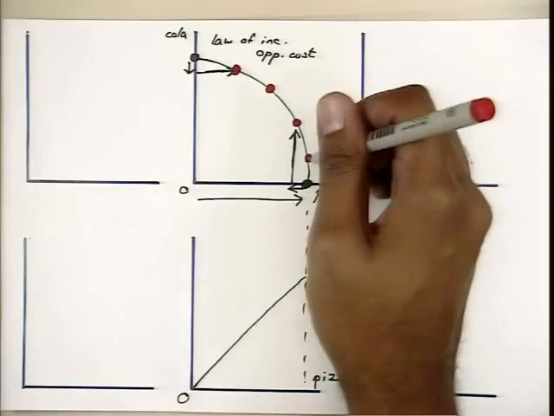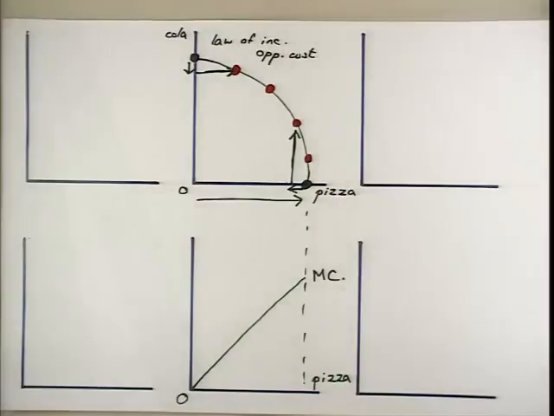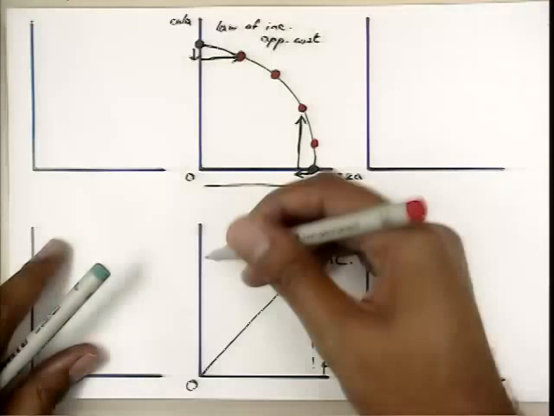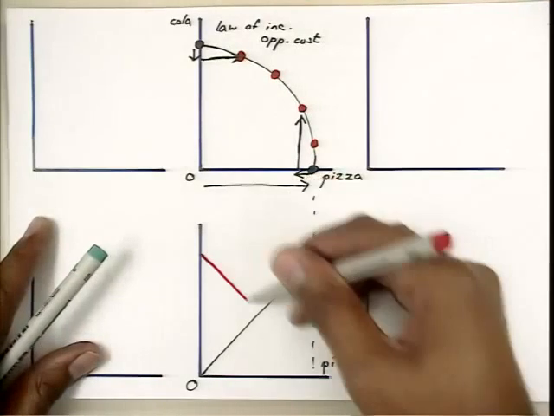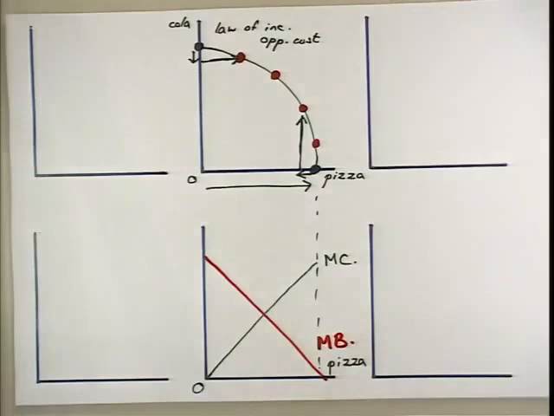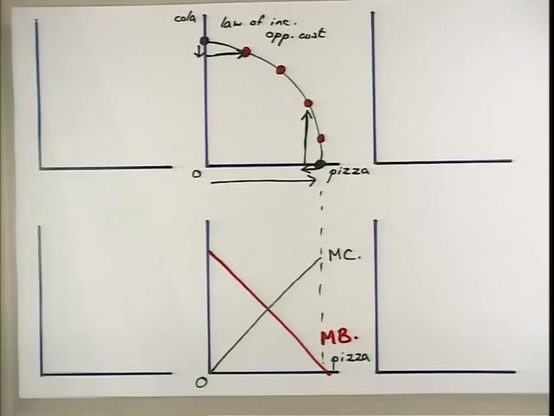Our aim is now to find which point the society actually wants. For that, you compare the marginal cost to the marginal benefits. In this, you're measuring marginal benefit, you're measuring marginal cost in terms of the other good that is being produced.